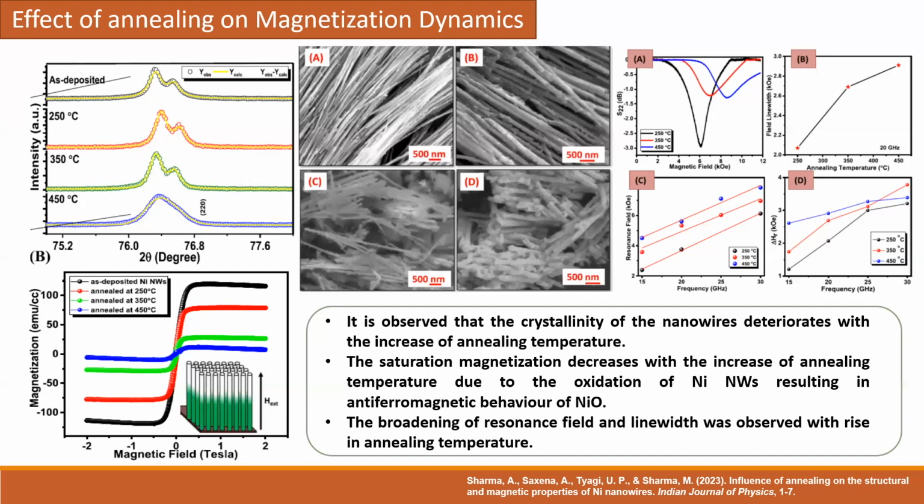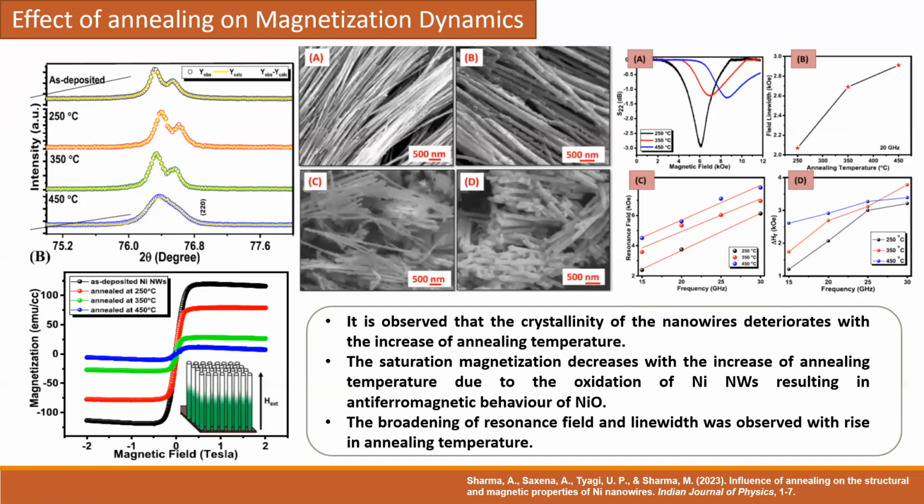We can also see the resonance field. As a function of operational frequency, the resonance field can be observed, and when we increase the annealing temperature, the resonance field also shifts towards the higher range.